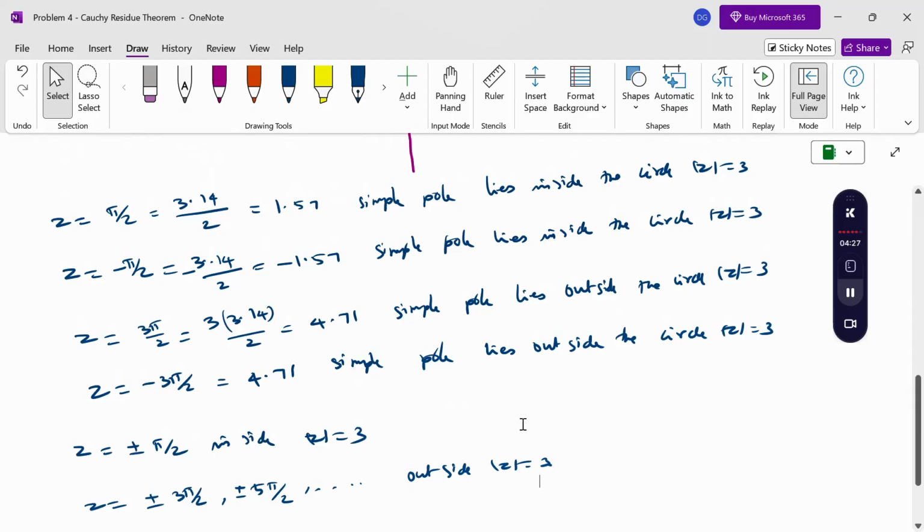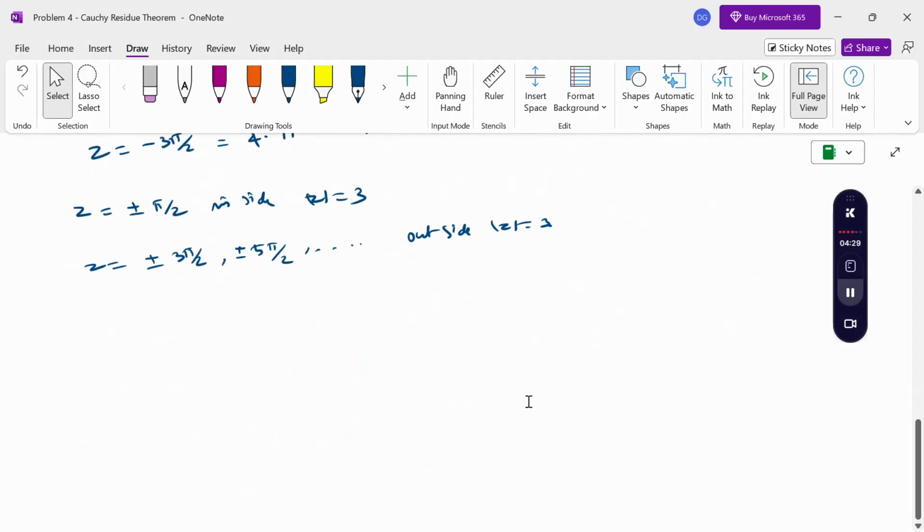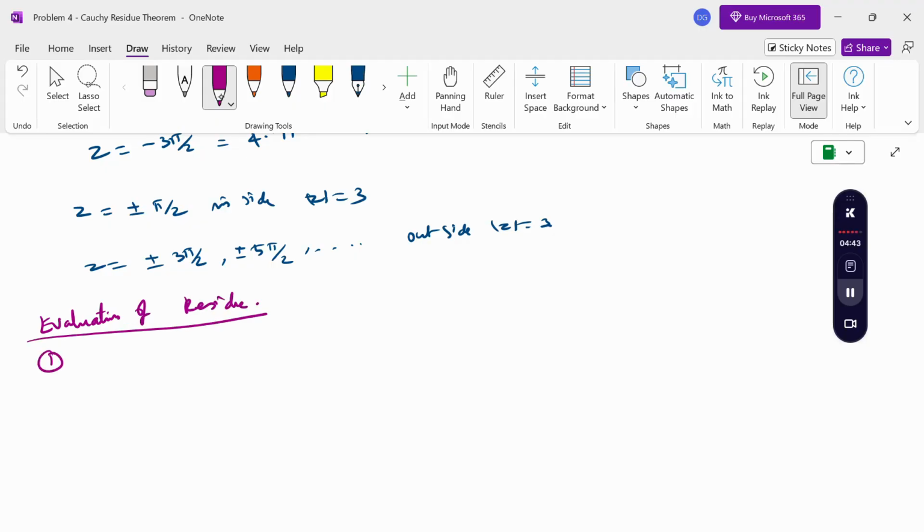Whenever we look at the Cauchy residue theorem, evaluation of residue has 3 formulas. One is for a simple pole at Z equal to Z naught. The second formula is for a pole of order n.